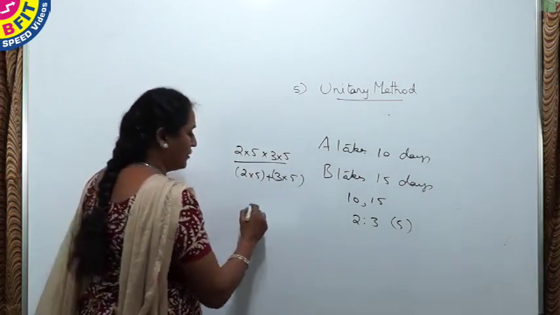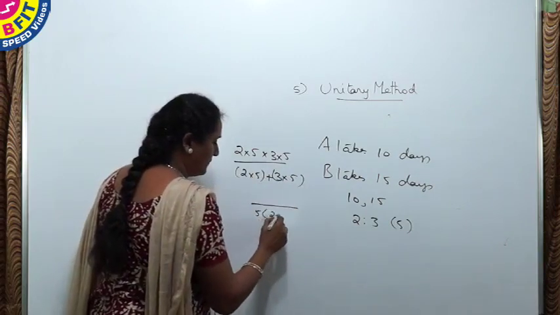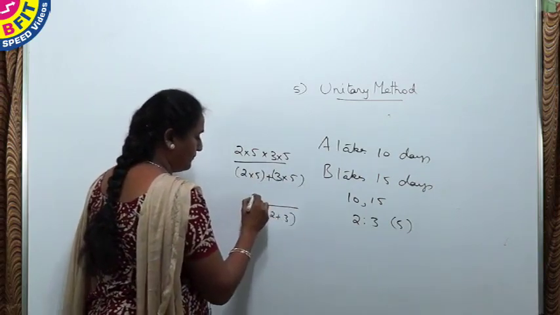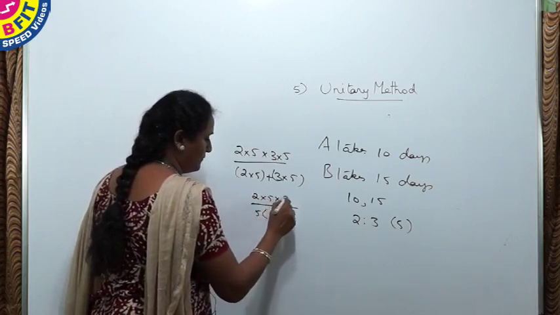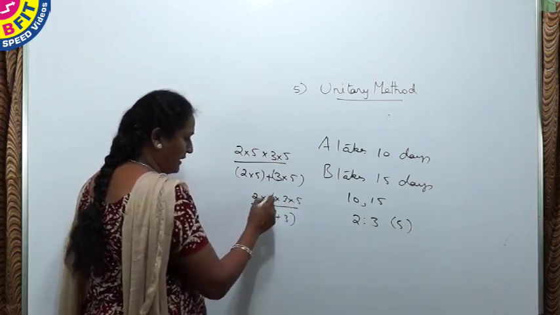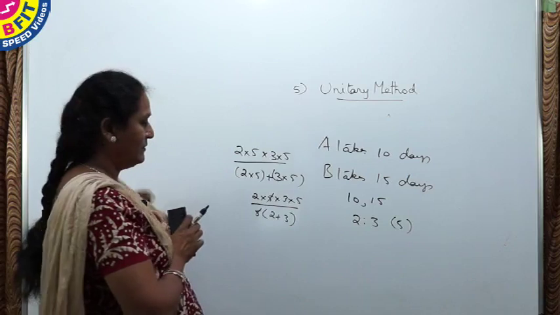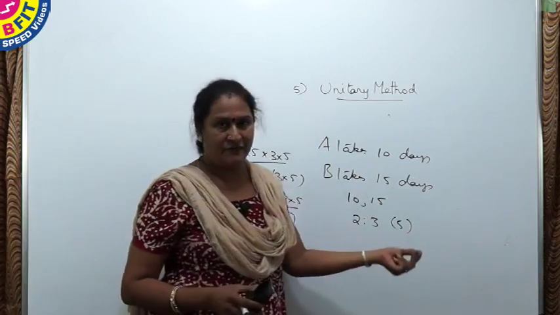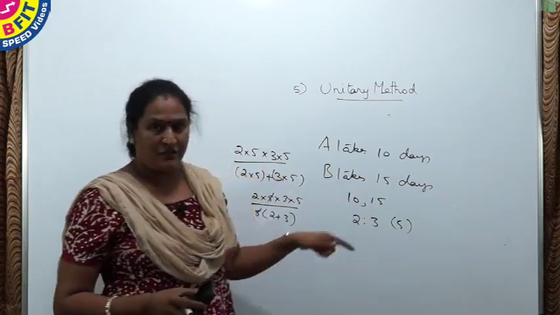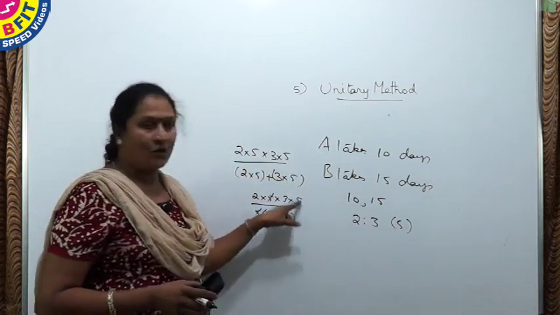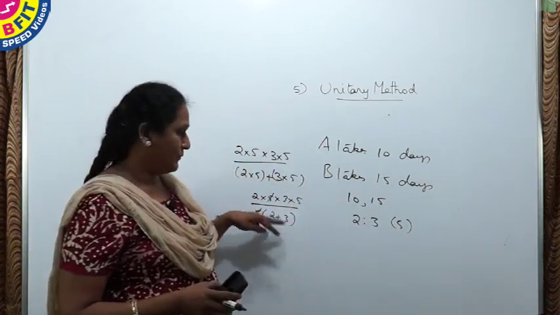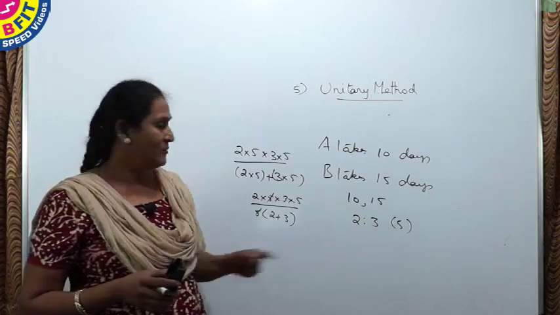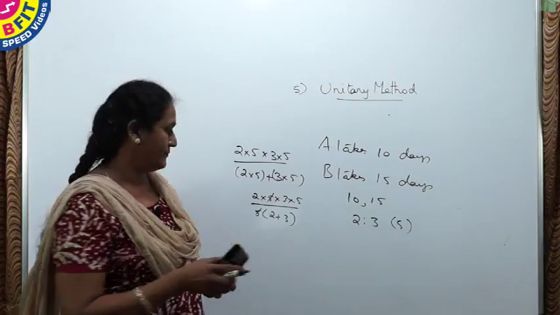So here taking the common factor 5, we can cancel the common factor. So now instead of working with 10 and 15, you can proceed with the ratio itself and multiply the common factor once. So quickly you can arrive at the answer by using the ratios.